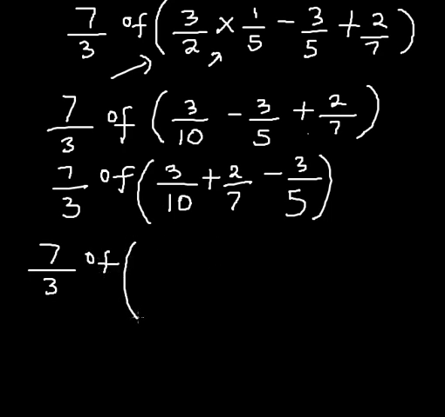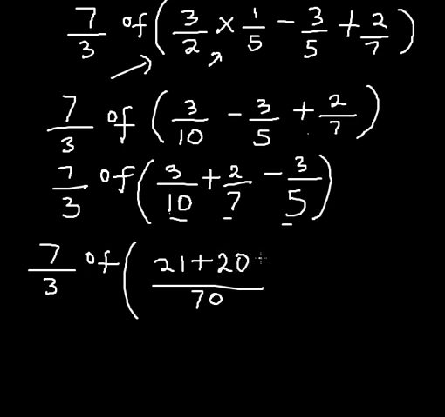The LCM of the denominators 10, 7, and 5 is 70. 70 divided by 10 is 7. 7 times 3, I have 21. Then plus 70 divided by 7, that's 10. 10 multiplied by 2, I have 20.